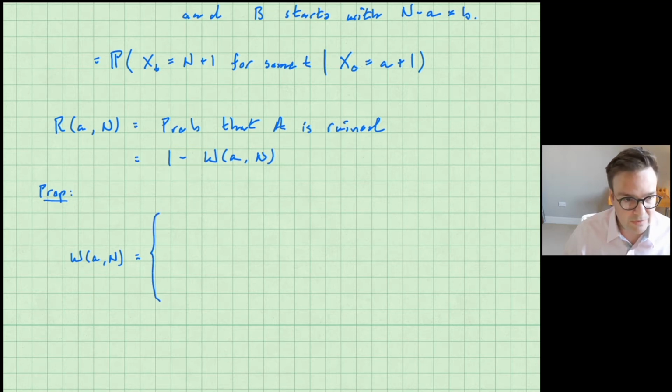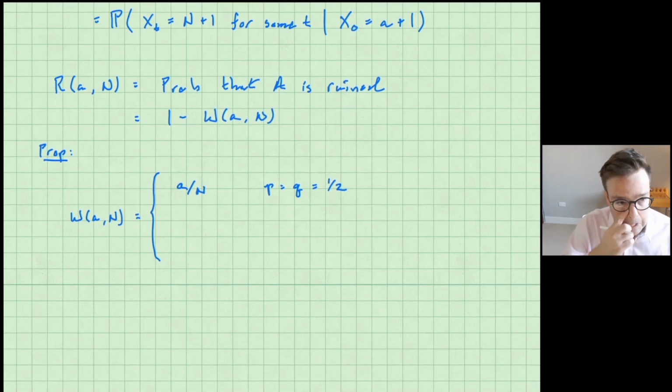So if P and Q are the same, the answer is just little a over n. And you could probably have guessed that. So this is for P equals Q equals 1/2. But if they're not the same, you get a more interesting result. And it looks like this. So it's a ratio.